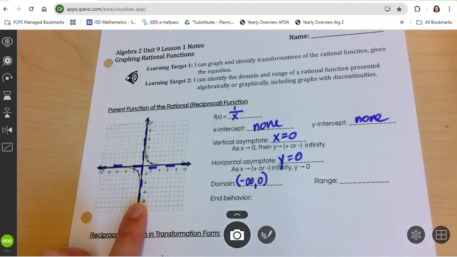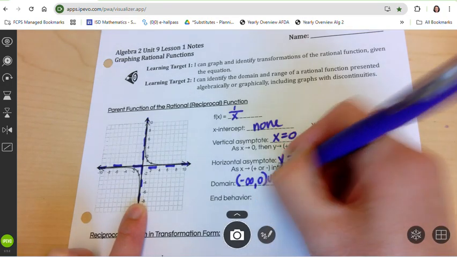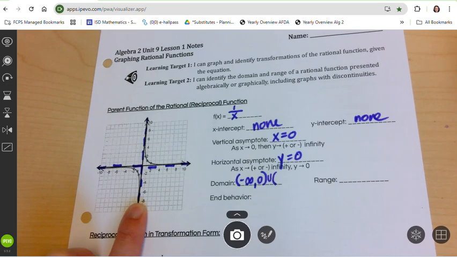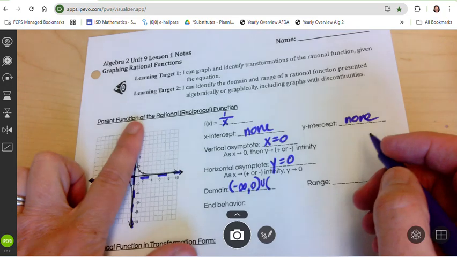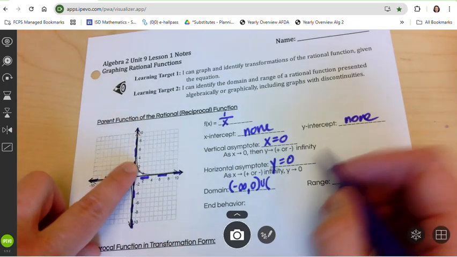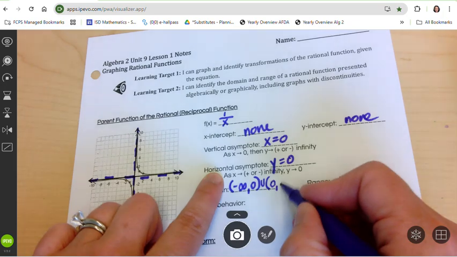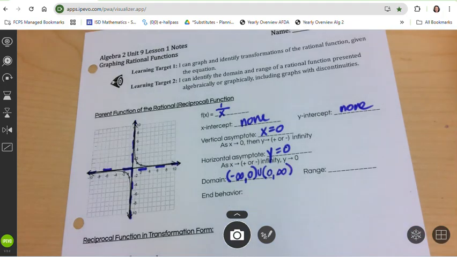And then I'm going to put a u for union. I don't actually care if you put the u there, if you leave it out, but you'll see them a lot, especially if you're taking a standardized test. And then after that, we're going to do this piece. This piece starts right after 0. And then it goes to where x is approaching positive infinity. Like that. So you see your domain is just in two pieces.